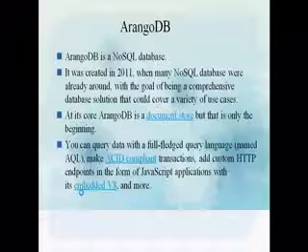At its core, ArangoDB is a document store, but that is only a beginning. You can query it with the full-fledged query language AQL, make ACID-compliant transactions, and add custom HTTP endpoints in the form of JavaScript applications with its embedded V8, and many more.